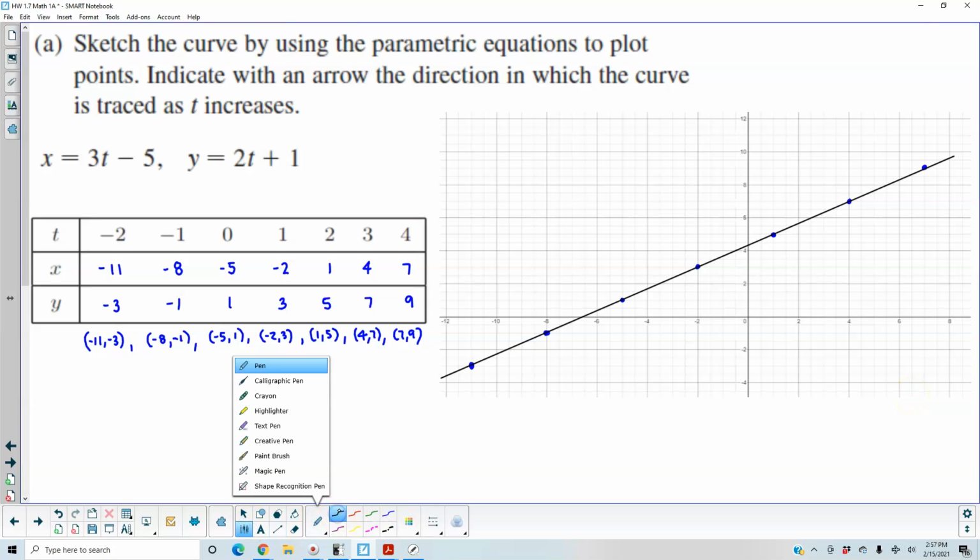Okay, and so therefore we want to figure out, when does t equal what? So when t is equal to negative 2, it starts at this point.